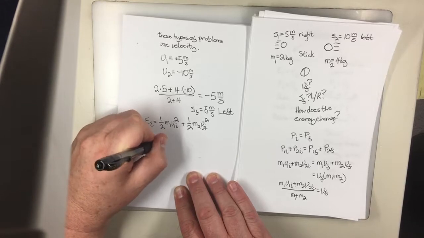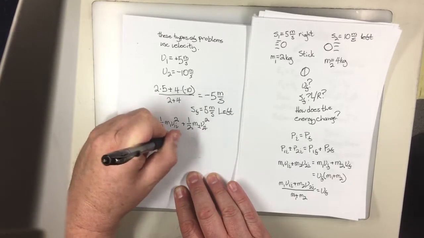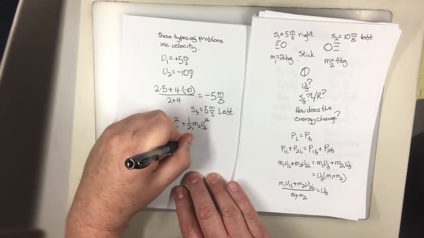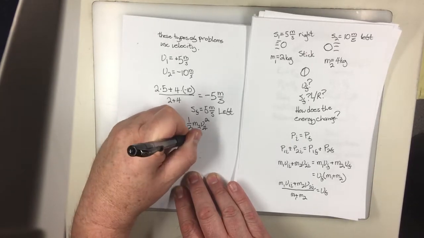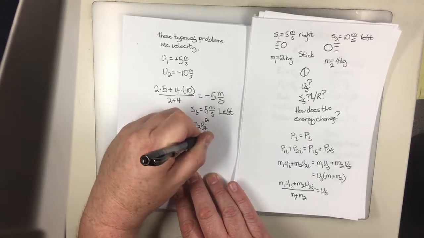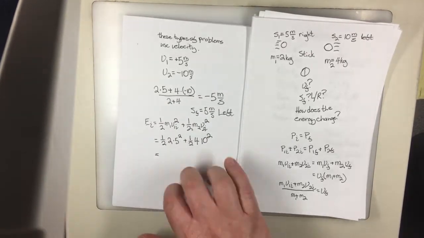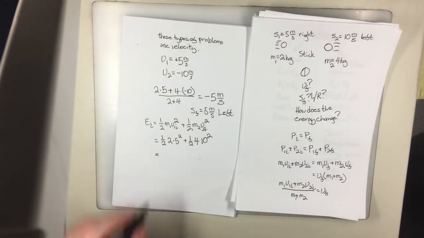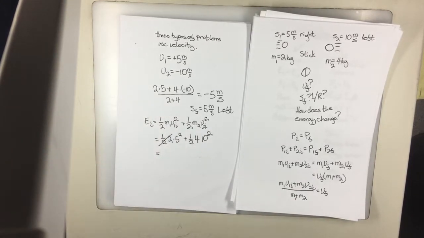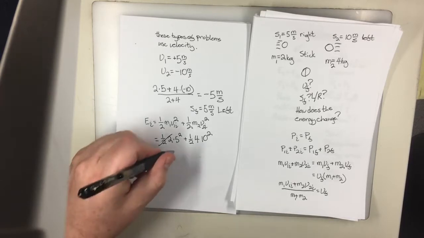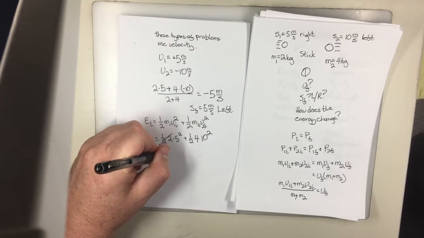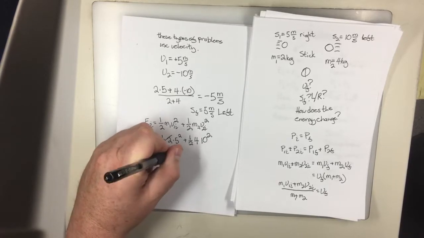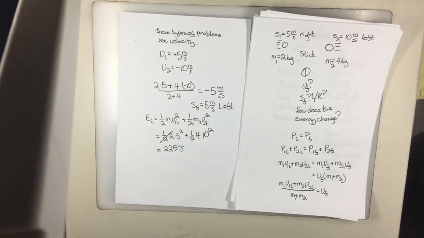So this becomes 1/2 times 2 times 5 squared plus 1/2 times 4 times 10 squared. So this becomes 25 plus 200 or 225 joules. That's the energy that it had initially.